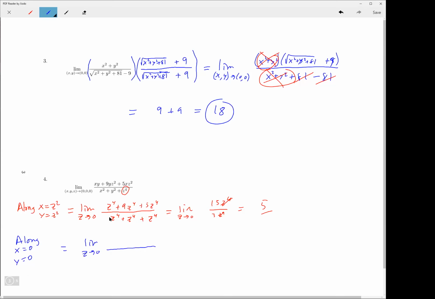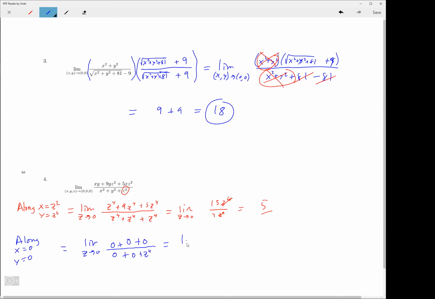And what would you have in the numerator? Everywhere you see x's and y's, you make them zeros, right? That's going to be a 0, and that's going to be a 0 also, and that's going to be a 0 also. Hey, how do you like 0 plus 0 plus 0? Isn't that great? 0 plus 0 is 0. But then the denominator is z to the 4th.